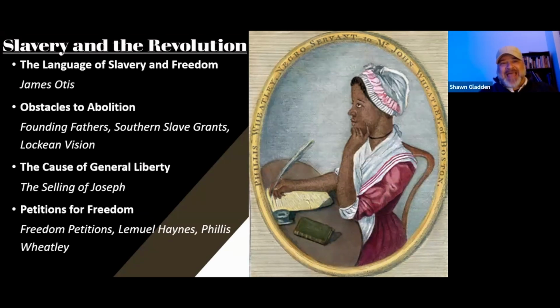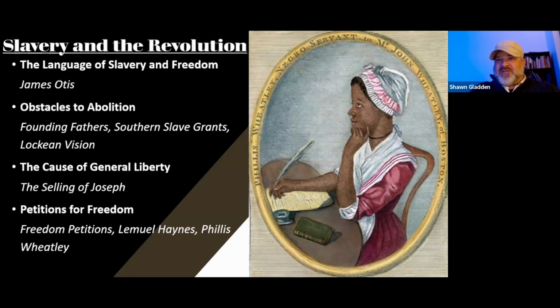Slavery and the Revolution: the language of freedom and contradiction. The revolution definitely creates a major paradox for our young republic. We fought in the name of freedom and equality while slavery remained deeply entrenched, especially in the South. The revolutionary rhetoric emphasized individual liberty and natural rights, and that language is going to work its way into the enslaved population.